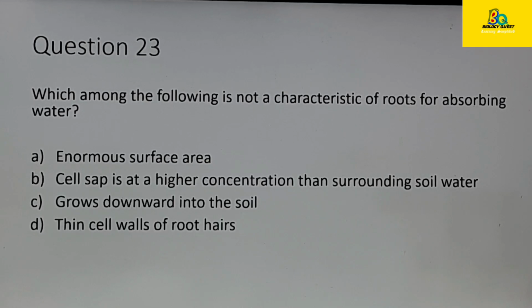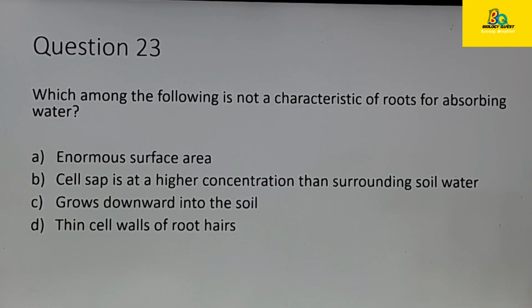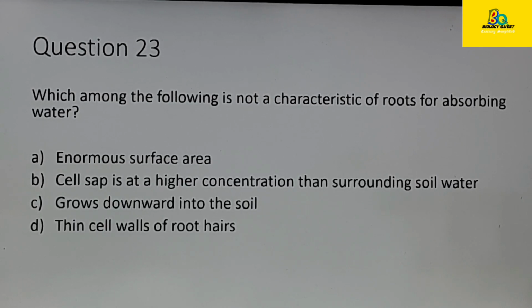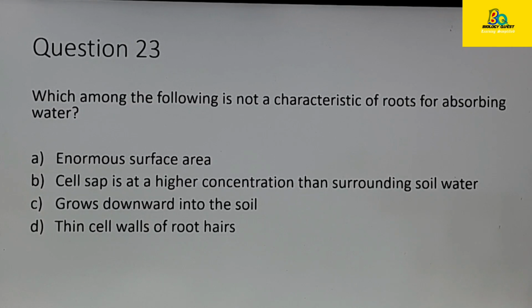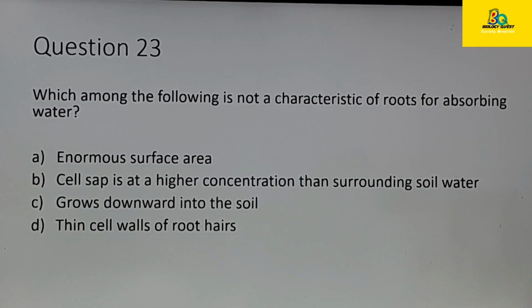Here the question is, which is not a characteristic of roots for absorbing water? So look at the first option, enormous surface area. That is surely a characteristic feature. This enormous surface area is due to the presence of a large number of root hairs on the surface of the root. So it actually enhances the absorption of water. So it is one of the characteristics of roots for absorbing water.